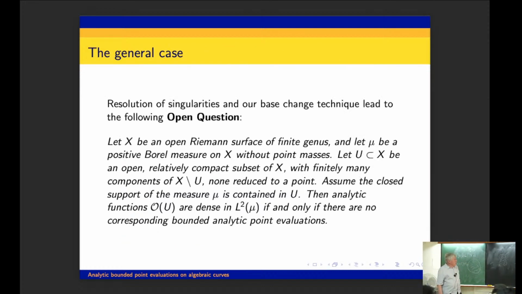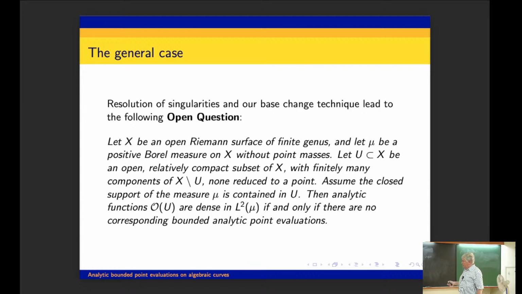So the general case, this is the open question, and I invite you to consider it. You work, rather than on an affine curve, on an open Riemann surface, and you have a positive measure there. You can throw away point masses from the beginning, and it's a technical assumption due to what we know so far that is not very wild.